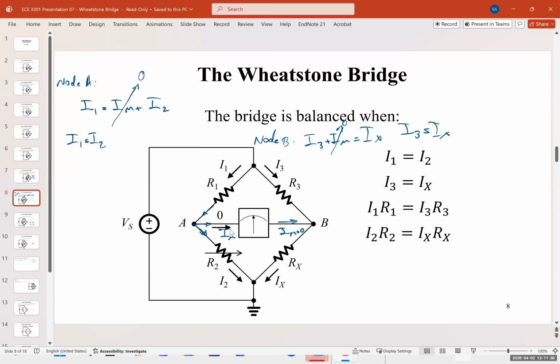So I1 R1, if I multiply that, would be equal to I3 R3. And I2 R2 would be equal to IX RX.